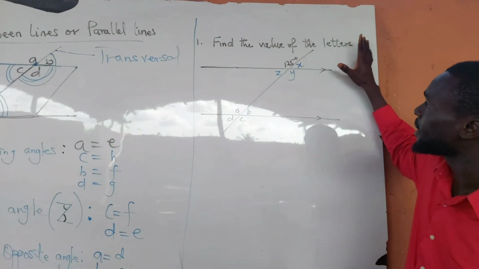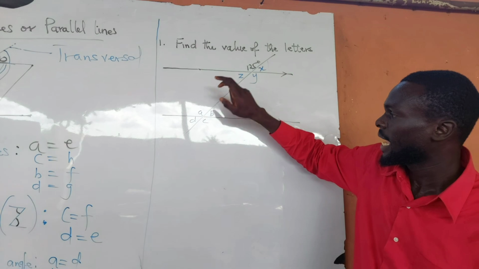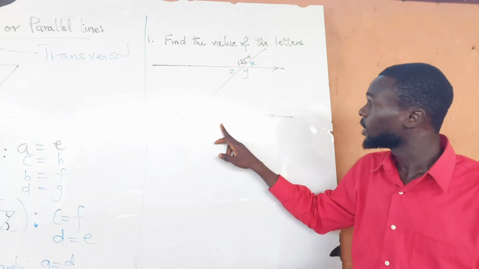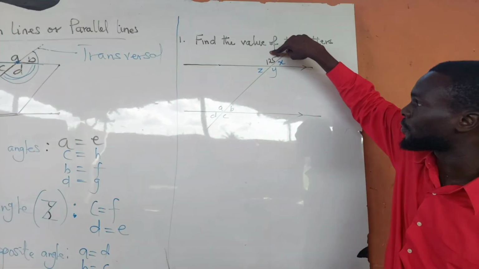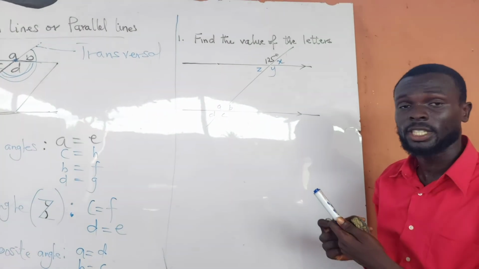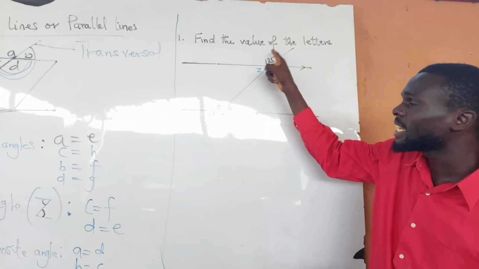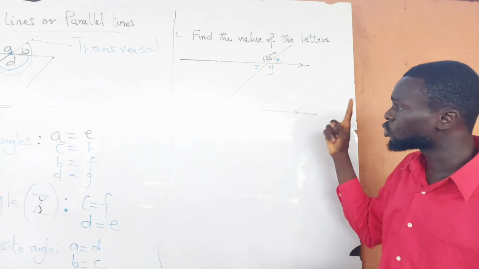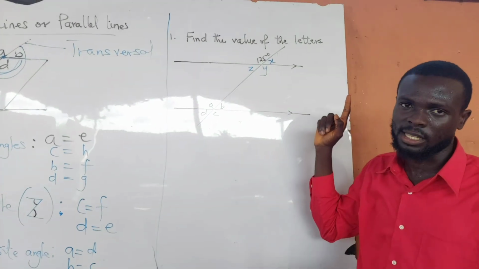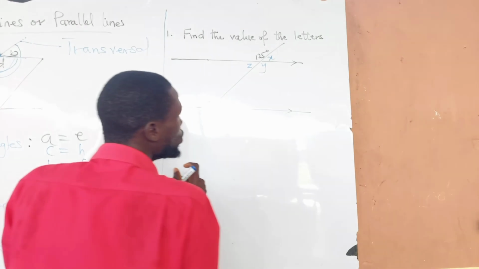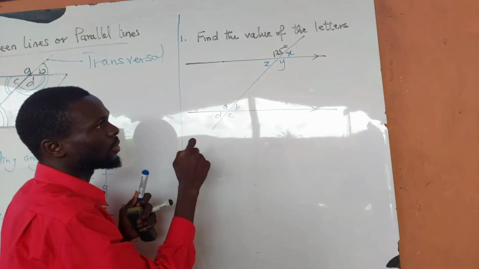So we are finding the letters X, Y, Z, A, B, C, and D. Now you have been given an angle of 125 degrees, and you are using only the 125 degrees to solve for all the letters. So now let's first look at this one.